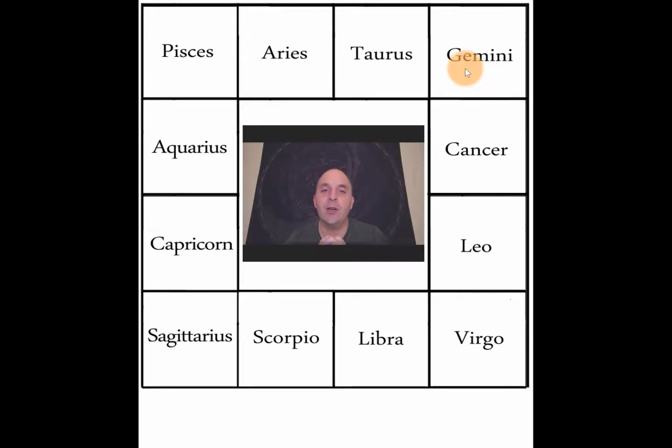Another thing about opposite signs, and this has a lot to do with Saturn and Rahu, and this can happen with any planet also, is this idea of compensation.